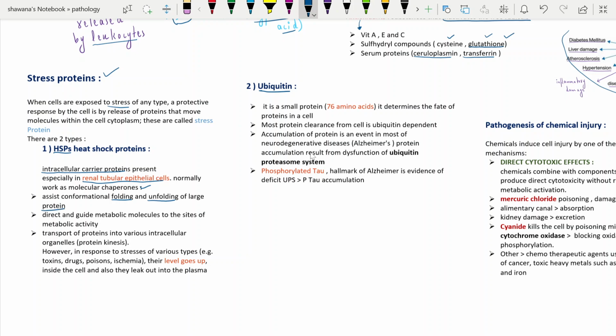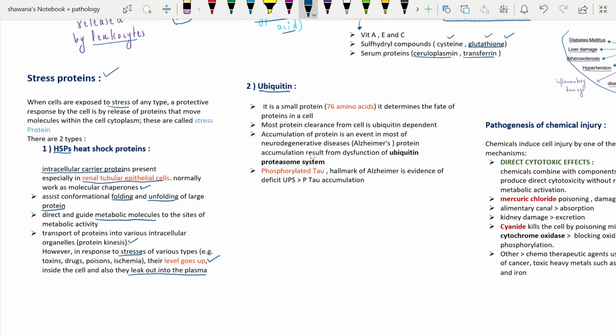They are involved in protein management, and they guide the metabolic substances to the site of their activity. They are involved in the protein kinases, and in response to the stress they are damaged, their level goes up and they leak into the plasma.